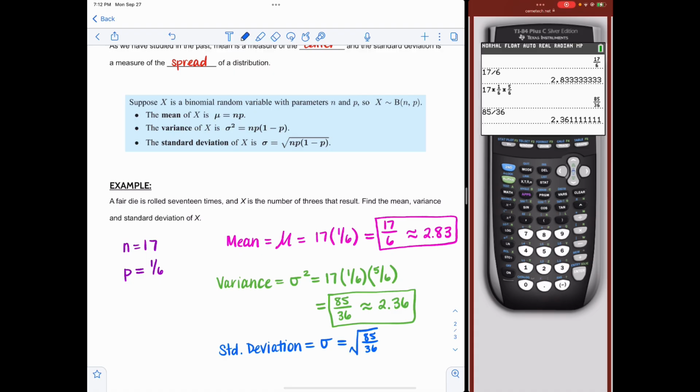The reason I'm using 85 divided by 36 is because it's the most exact. If I take the square root of that, I end up with approximately 1.54 in 3 significant figures.